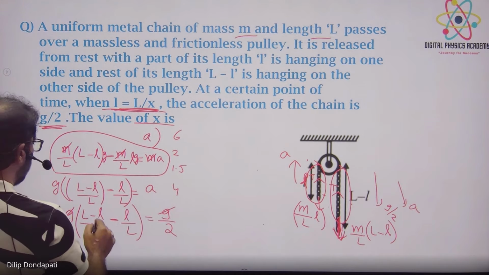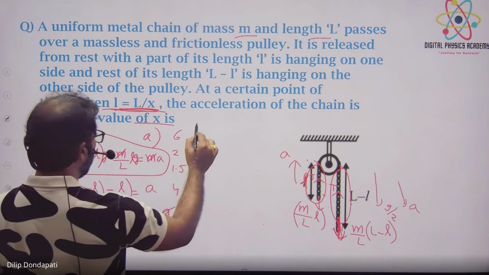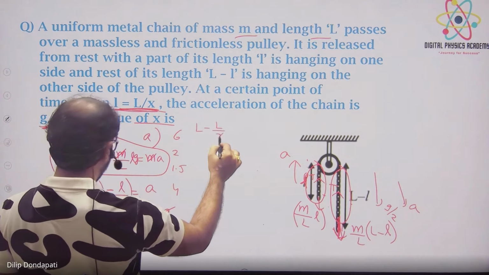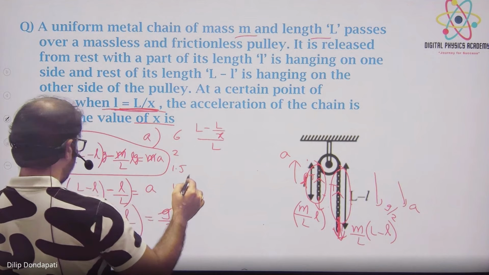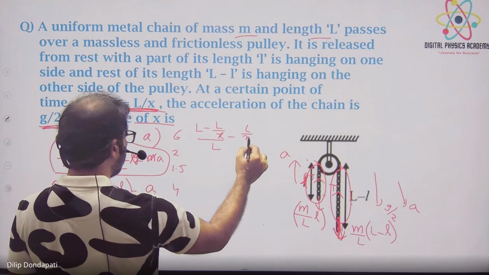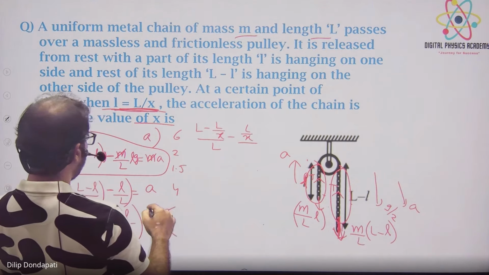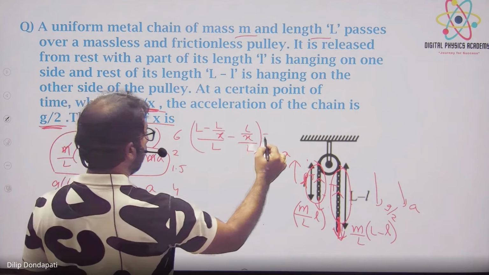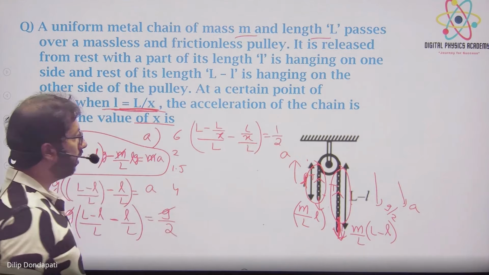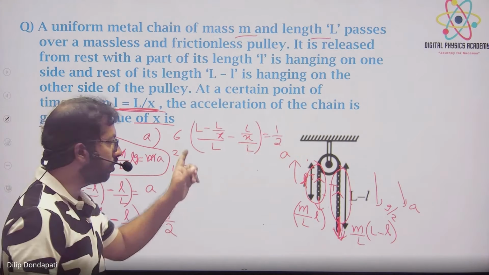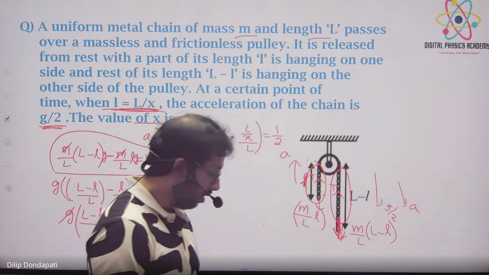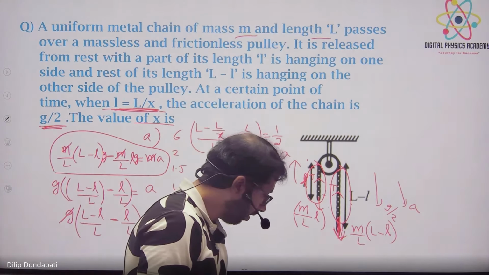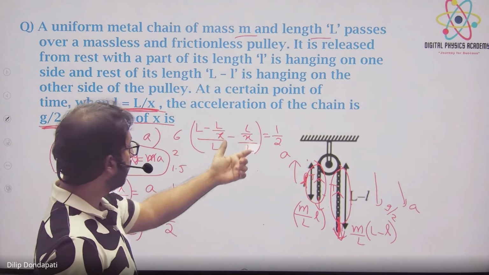So small l is L by x. L minus L by x by L is equal to 1 by 2. Yes sir, I got 4. Krisha, how much did you get? Sir, I did a calculation error, I'm getting a fraction. Now solve this and find x.